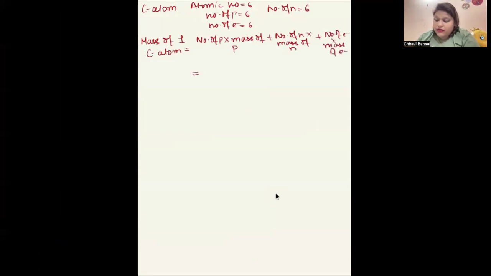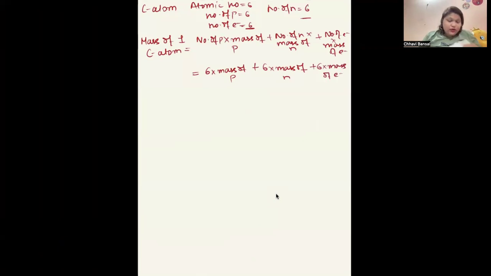Now I can substitute the values. Number of protons is 6, so 6 into mass of proton, plus number of neutrons is also 6, so 6 into mass of neutron, plus number of electrons is also 6, so 6 into mass of electron, right? This is the mass of one carbon atom.